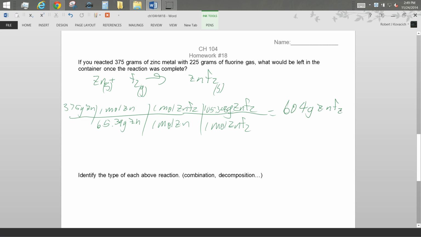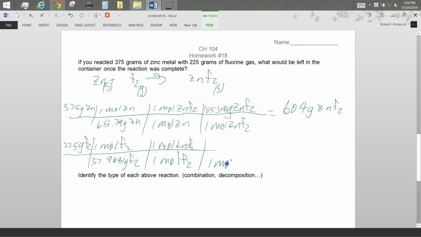Okay, so let's figure out from the fluorine. So I've got 225 grams of fluorine gas. And for every 1 mole of fluorine gas, I've got 37.9681 grams of fluorine gas. For every 1 mole of fluorine gas, I have 1 mole zinc fluoride.